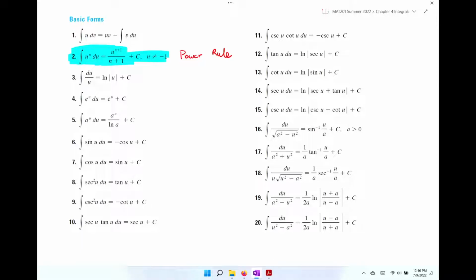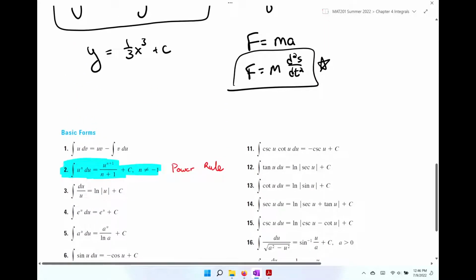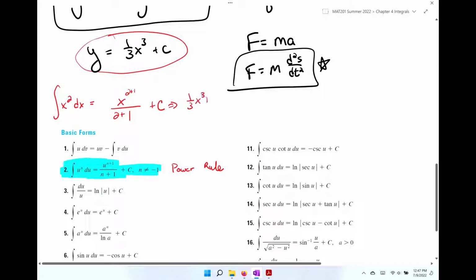So if I just scroll up here a little bit and we look at what we have right here, notice that the integral of x squared dx is going to equal, add 1 to the exponent, and then divide by the same thing, and add an arbitrary constant, which gives you 1/3 x to the third plus c. So there is our nice little shortcut.